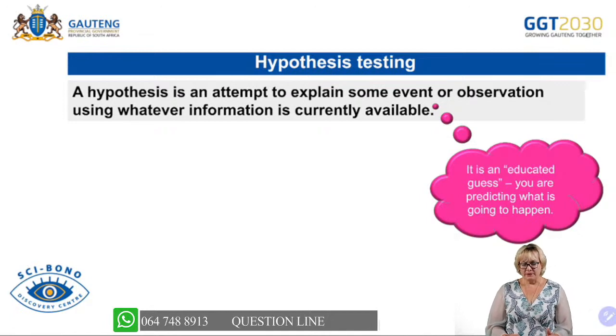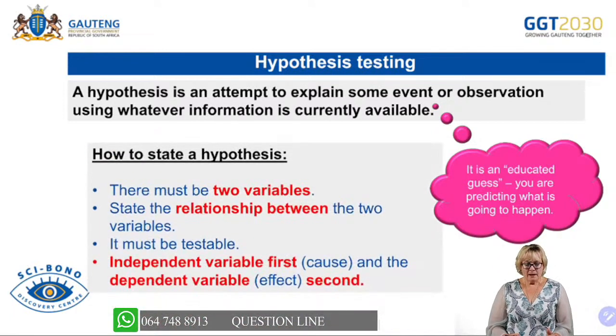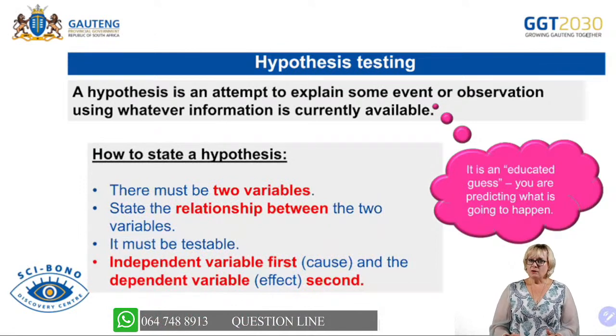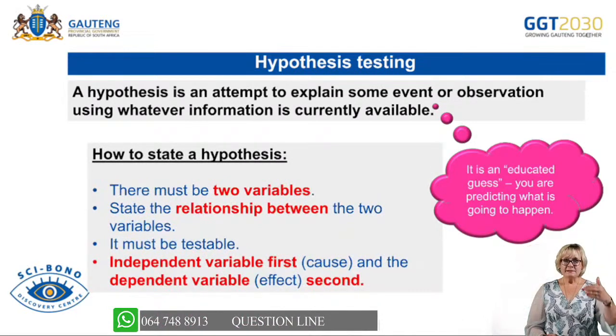That is a hypothesis. How to state a hypothesis? Because the examiner can ask you, if this is the experiment, state a hypothesis for this experiment. How do I do that? First of all, there must be two variables. Which variables are those? The dependent variable and the independent variable.